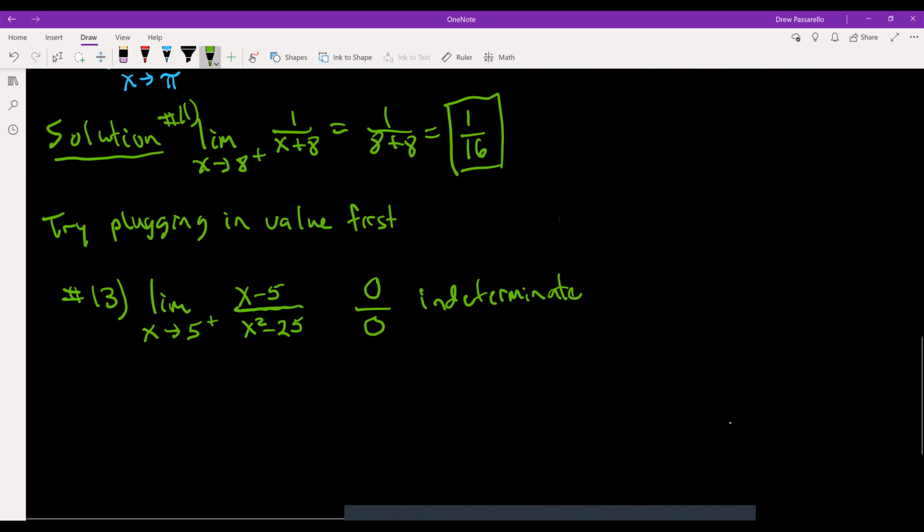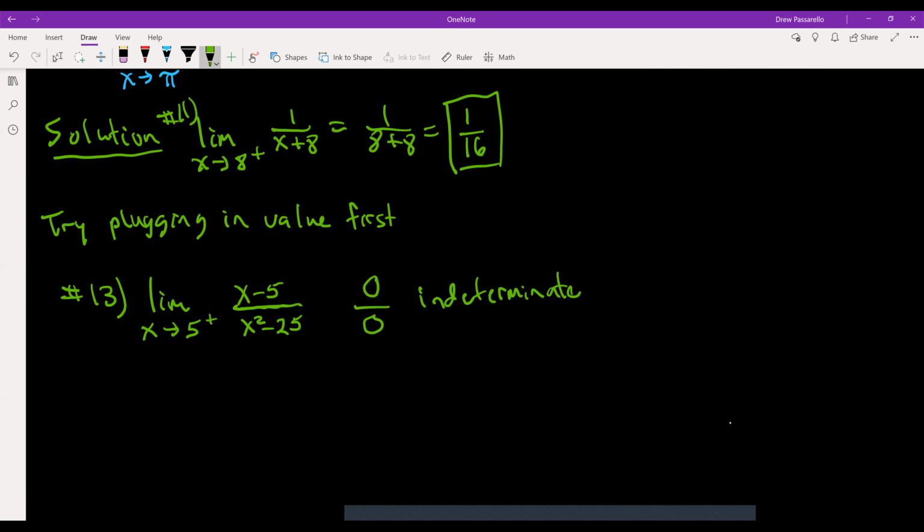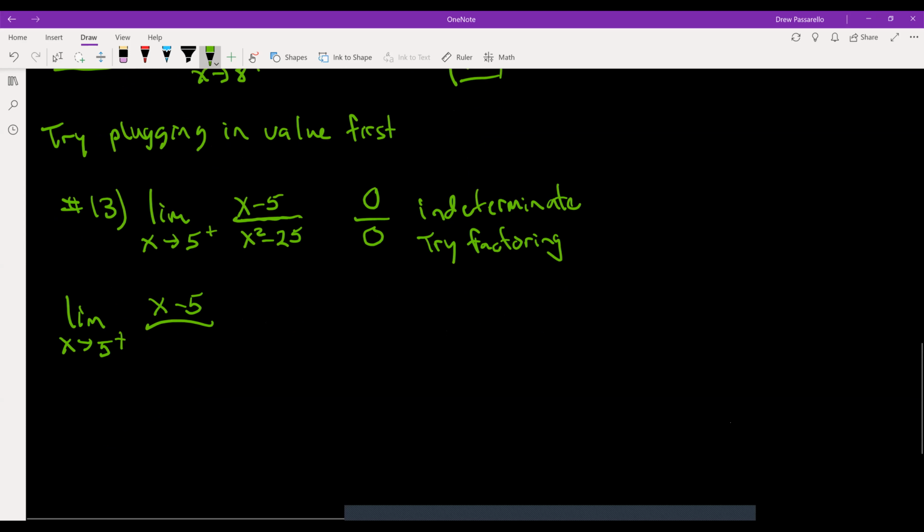So try to do some factoring, since I have an x squared minus 25 on the denominator. The denominator changes into x minus 5 times x plus 5 if you're to factor that.